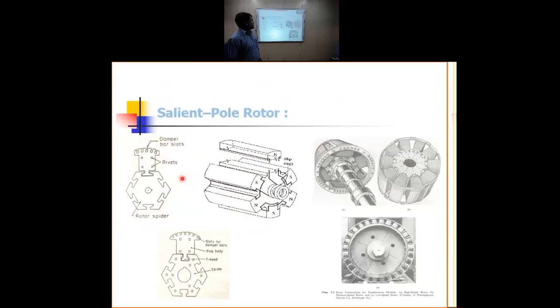You just see these pictures. Here it is a 6 pole structure. This is the main shaft spider. From that one pole is projected out. Second, third, fourth, fifth, sixth. In that way, 6 poles may be projected out. This is a 6 pole structure. This is an 8 pole structure.